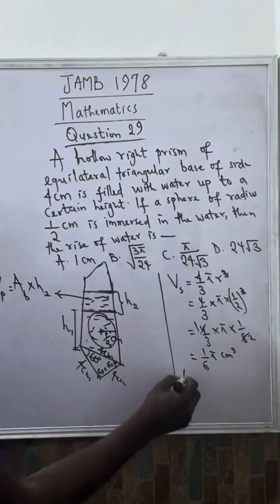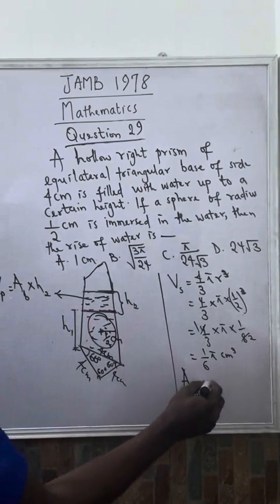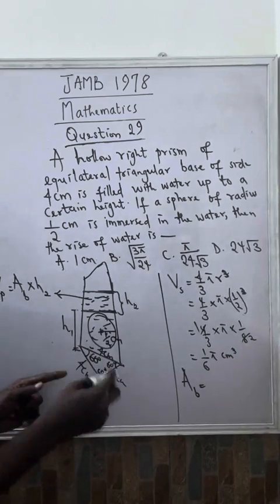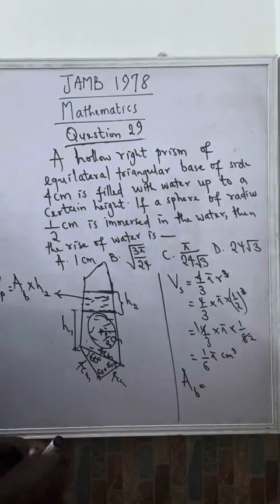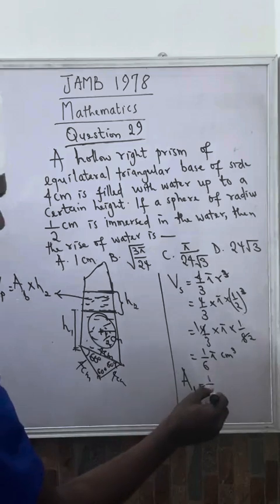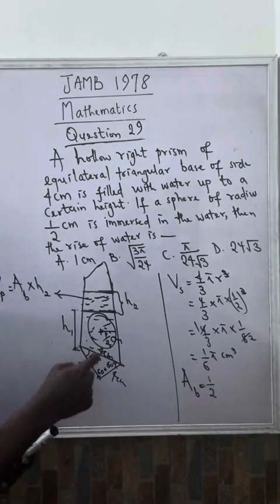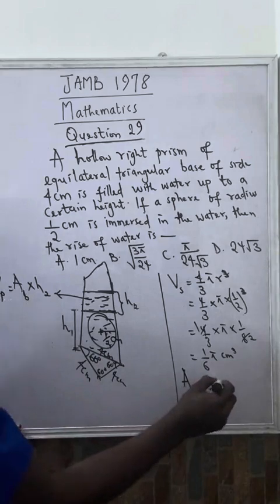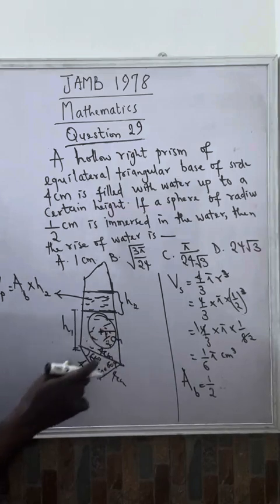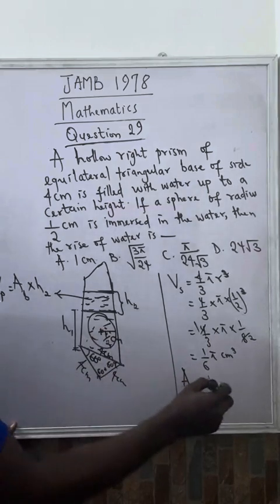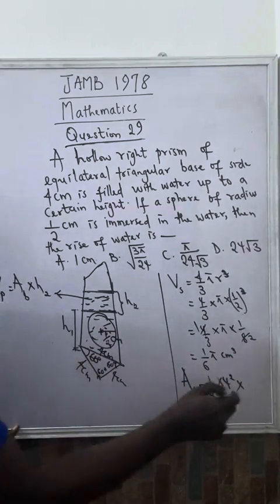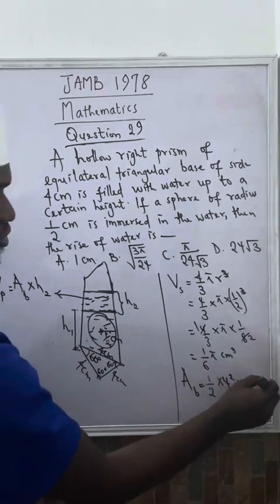Area of the base. Since the base is an equilateral triangle, we can use the second formula for the area of a triangle: half times two sides times sine of the included angle. The two sides are 4 cm and 4 cm. That means half times 4 squared times sine 60 degrees.